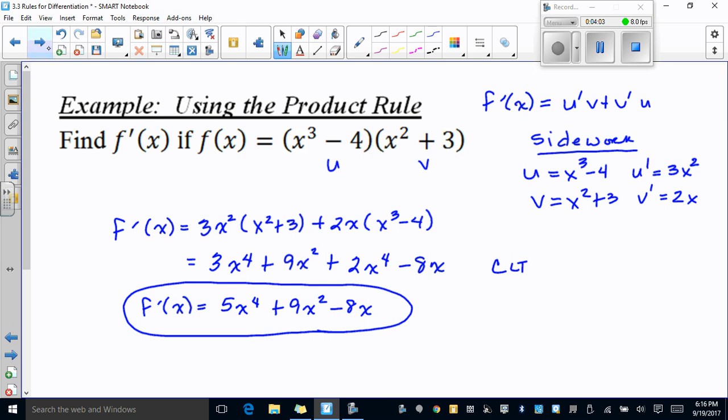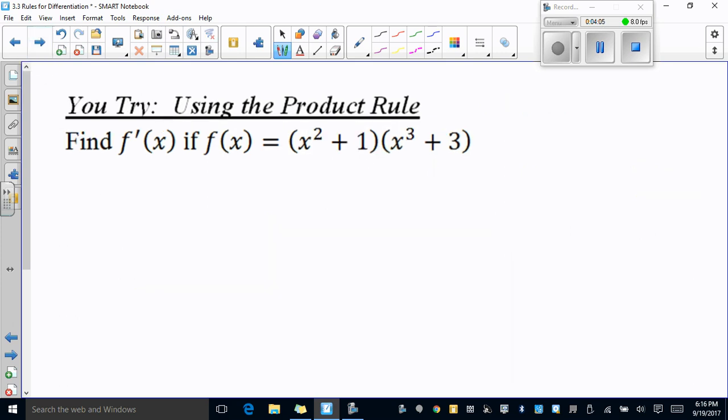Okay, let's try another one. If you want, you can pause the video, try this one on your own, and then watch and see if you got the right answer. So on this one, again, f prime of x is equal to u prime v plus v prime u.